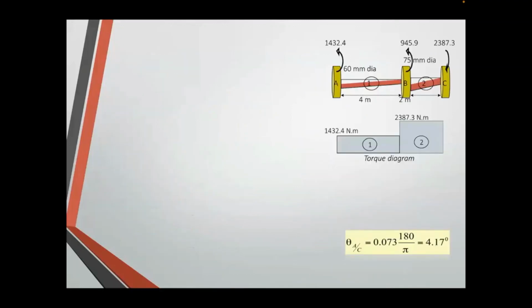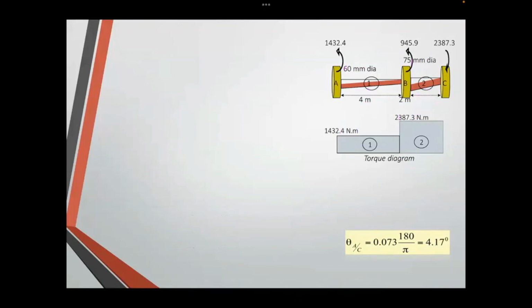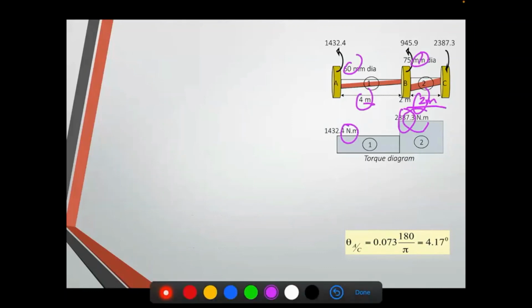Unlike the previous example, wherein we have the same length, the same diameter, etc. Now, in this case, we have different diameter, different length, different torque. So, just to make sure we can solve for the maximum shear, we will solve it twice. Kasi, hindi ibig sabihin na mas malaki yung torque sa BC.